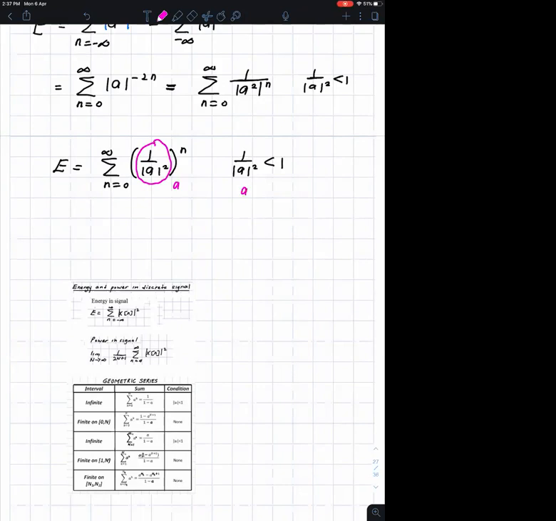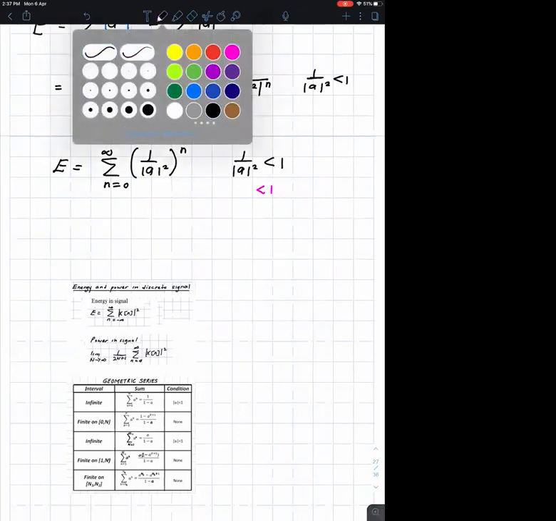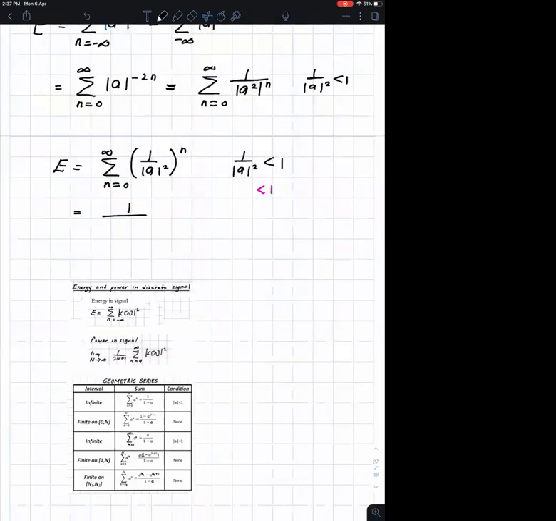And of course, you know, a is less than 1, according to the formula, okay? So therefore, I can use that formula. So therefore, it's going to be 1 over 1 minus 1 over a squared.